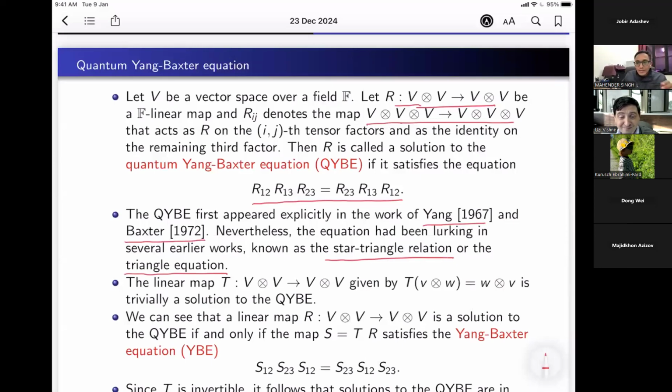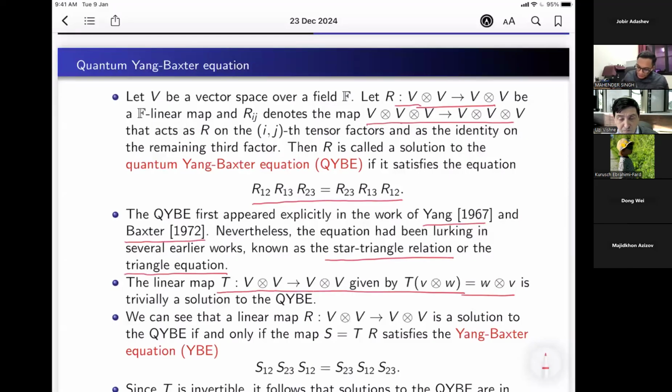There is obviously a trivial solution: you just flip the two coordinates. So the map T from V tensor V to V tensor V, given by little v tensor little w going to w tensor v, is clearly a solution. Let us call it a twisting operator.